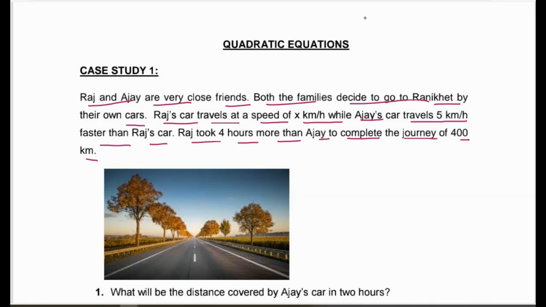So yeah, we'll assume that Raj's car speed is x kilometer per hour and Ajay's car speed is 5 kilometer per hour more than Raj, that is x plus 5 kilometer per hour.